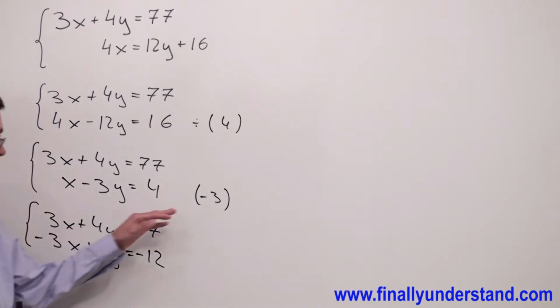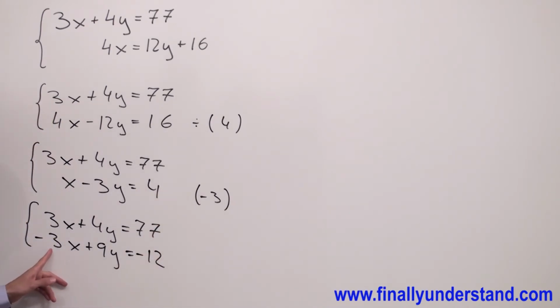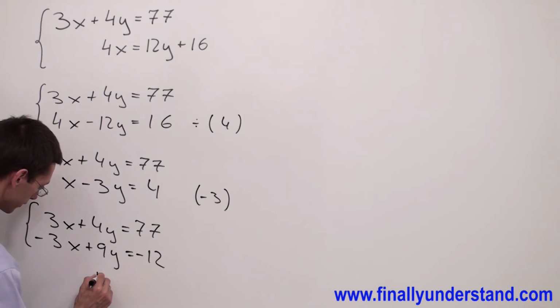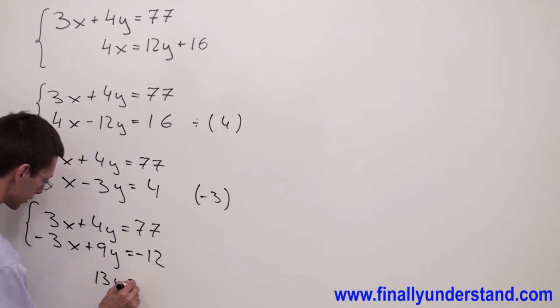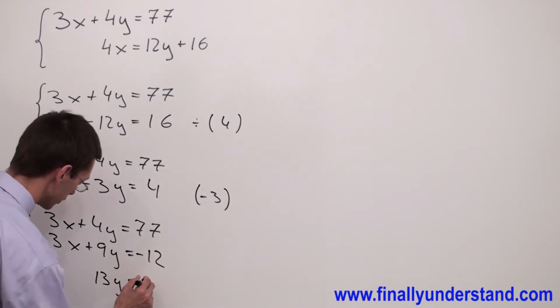If you multiply the second equation by negative 3, you are going to make the coefficient negative 3. Look at the first equation and second equation. These two terms are going to subtract each other, so they are going to eliminate each other. So x is going to be eliminated and I'm going to end up with 4 plus 9 is equal to 13y in this case, and I have 77 minus 12 is equal to 65.